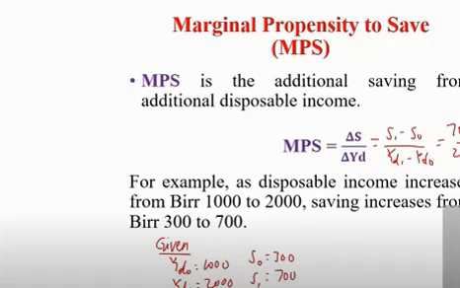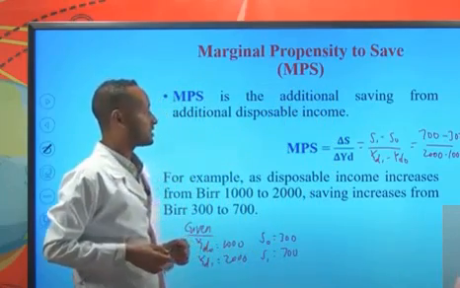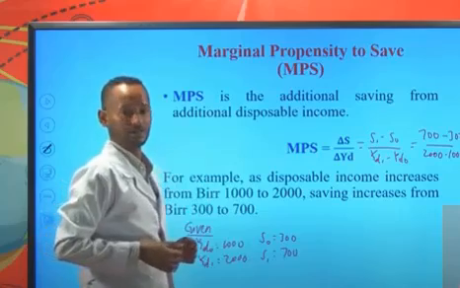This is 2 over 5 or 0.4. This means the marginal propensity to save for this household is 40%.